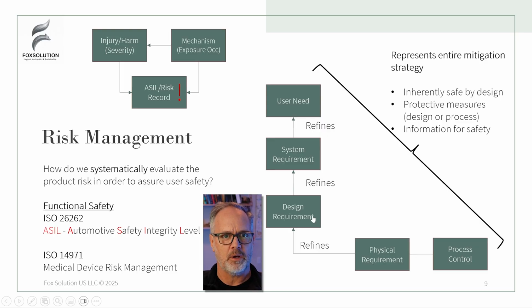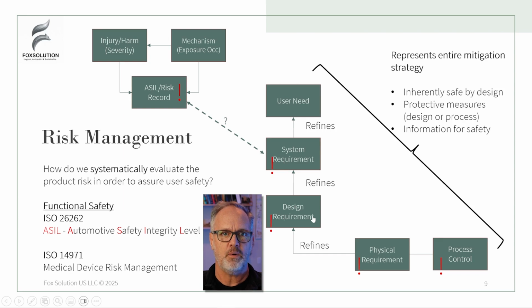Now, the problem that we're going to run into here is we've now evaluated a harm and a mechanism of exposure, but how does that relate to the design? And what we want to be able to do is understand, okay, we have this high-risk ASIL or risk record. How is that related to the design so that we can progress down into the design, the requirements, the importance of any particular requirement?